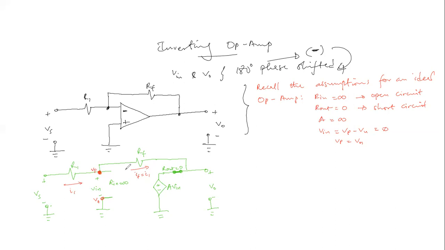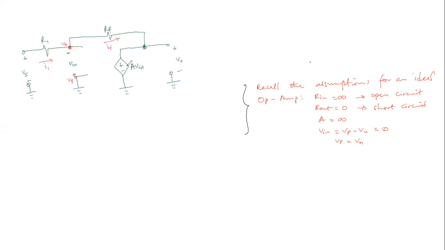Now, if we apply KCL at the negative terminal, okay, now the circuit has been shifted upward, and we have the assumptions this way.